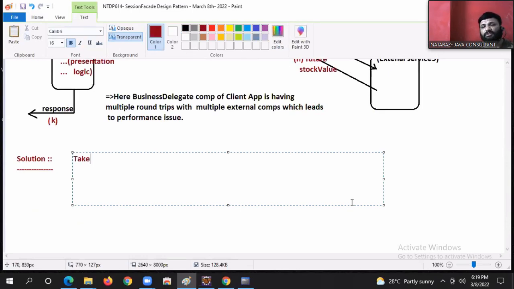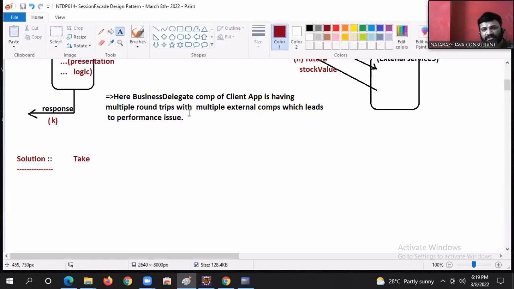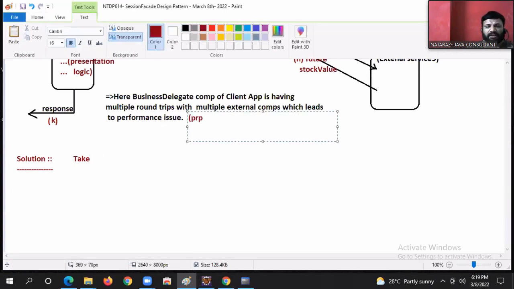Okay. I think you understood the problem, guys. The performance issue is nothing but the problem. So now let me talk about the solution part.